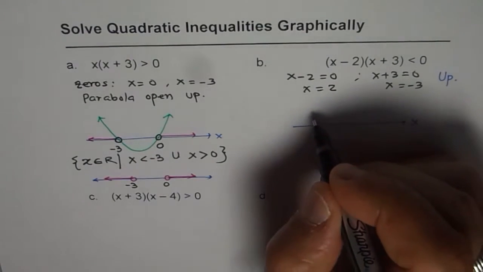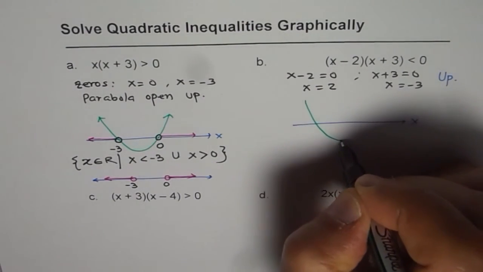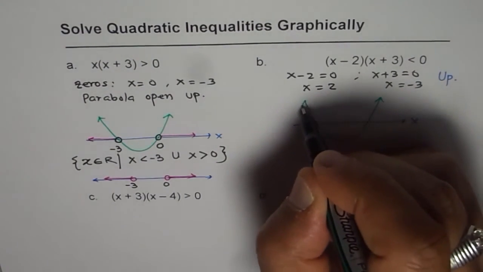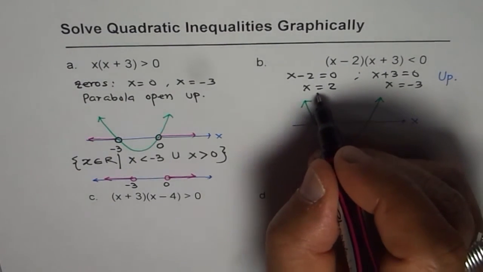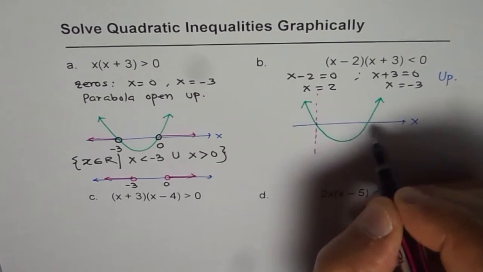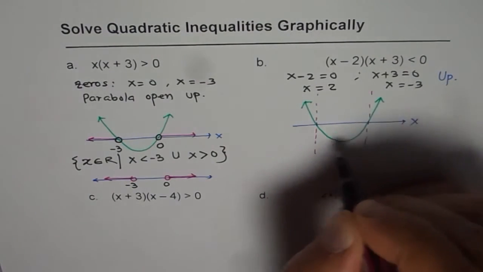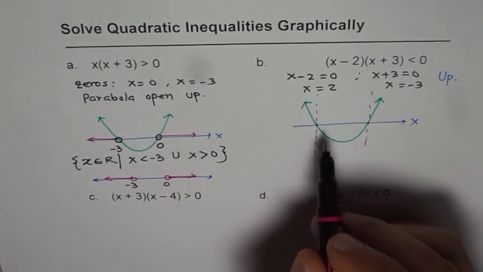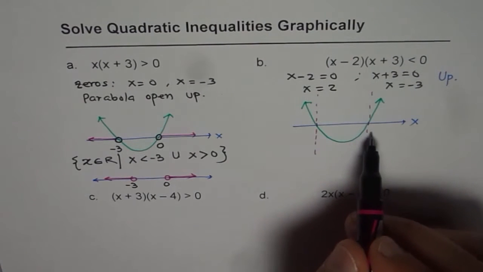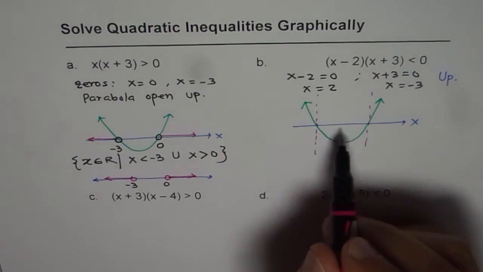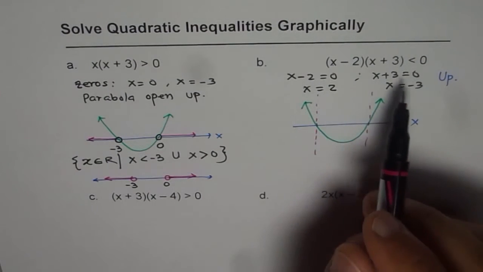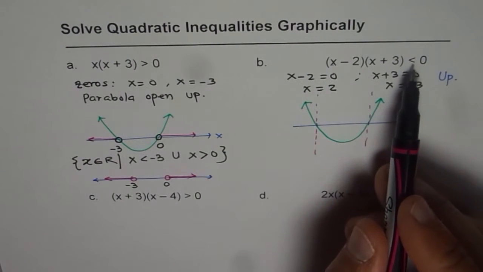Let me draw first and then explain. As you can see, there are 3 parts: one from minus infinity to the first zero, the second between the 2 zeros, and the third from the second zero to infinity. What we try to do is test in which part the inequality is true.